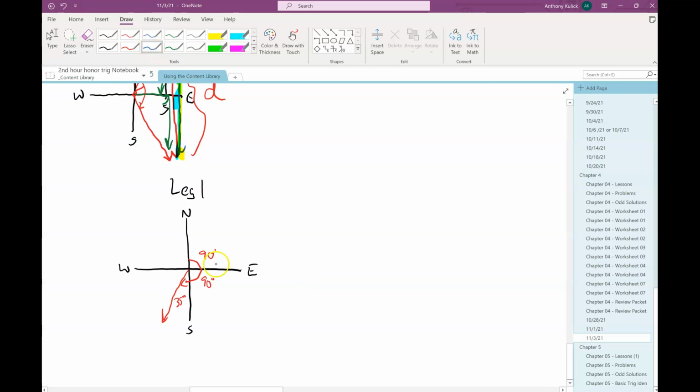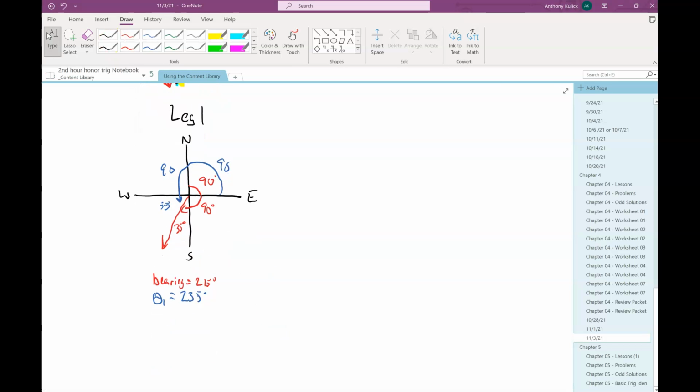So I'm going to convert that into a standard position angle, and I'm going to use a 1 subscript on this. Everybody's okay with what I've done so far?